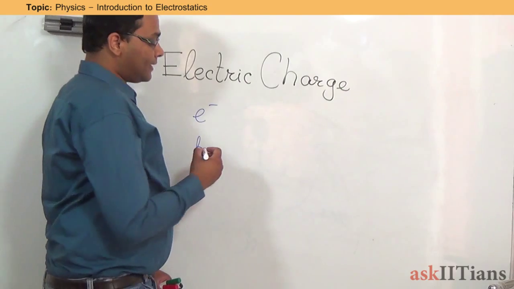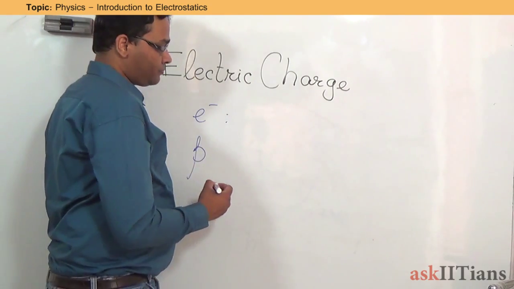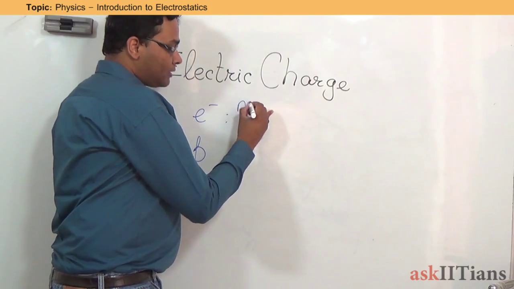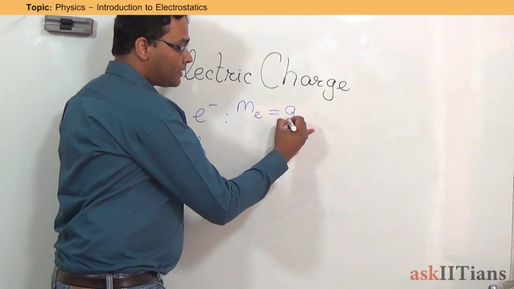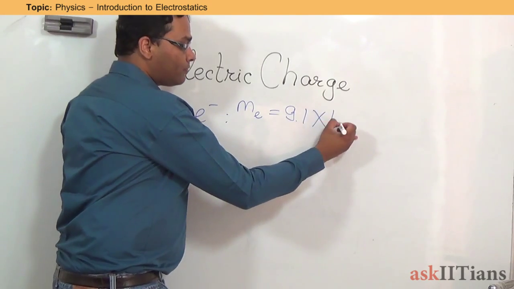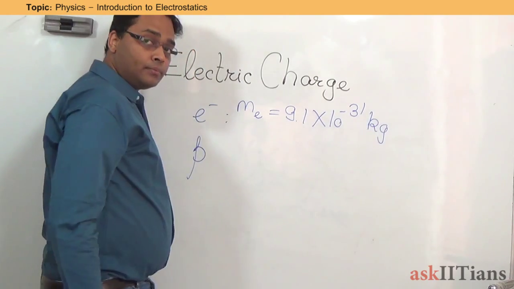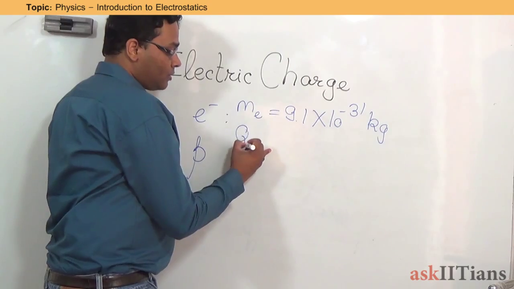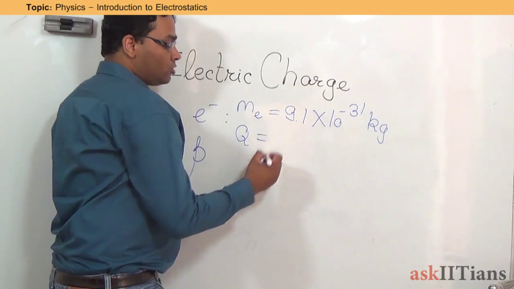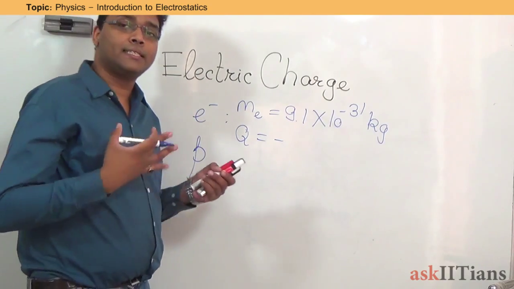Let's now try to understand their physical properties. The mass of an electron is given by 9.1 into 10 raised to the power minus 31 kilograms, whereas the charge is like mass, a physical entity.